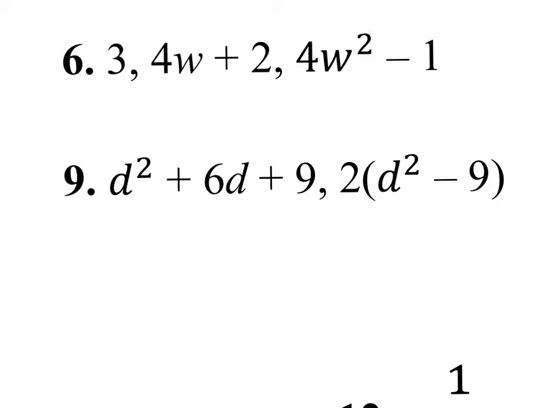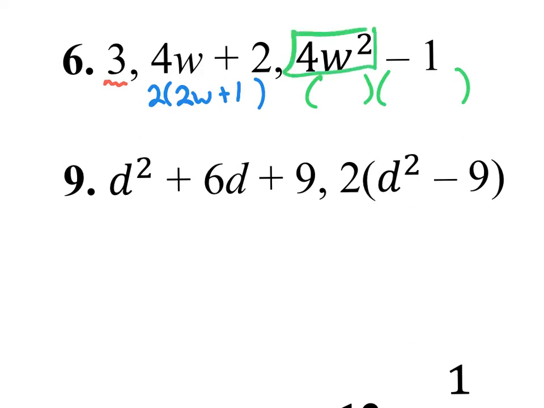So on number 6 here, we have a regular 3, and then the next item is a binomial 4w plus 2, and you could actually factor something out of there. You could factor out a 2, and what would you have left? A 2w plus 1. And this last one is actually a difference of 2 squares, which means we could factor a difference of 2 squares by square rooting that first perfect square term, square rooting the second perfect square term, plugging it into our answer format.